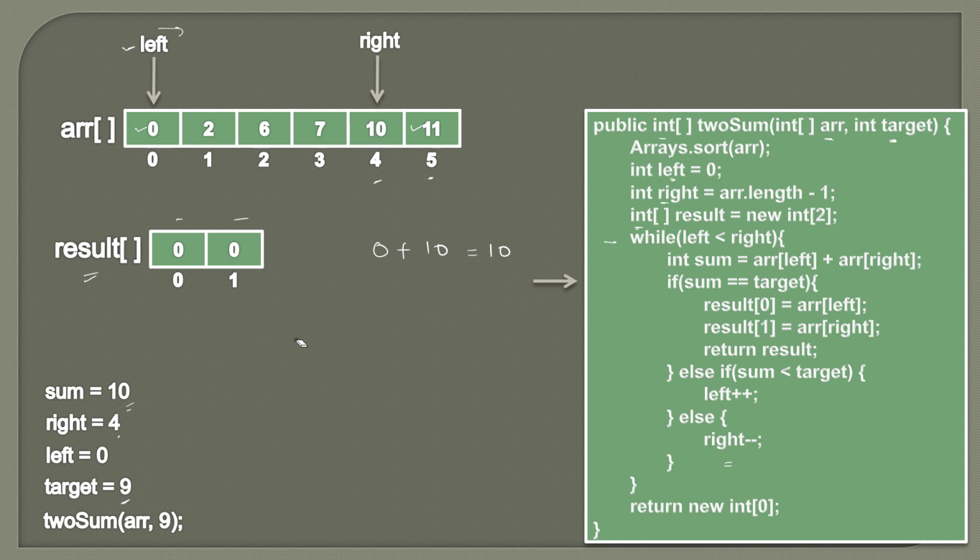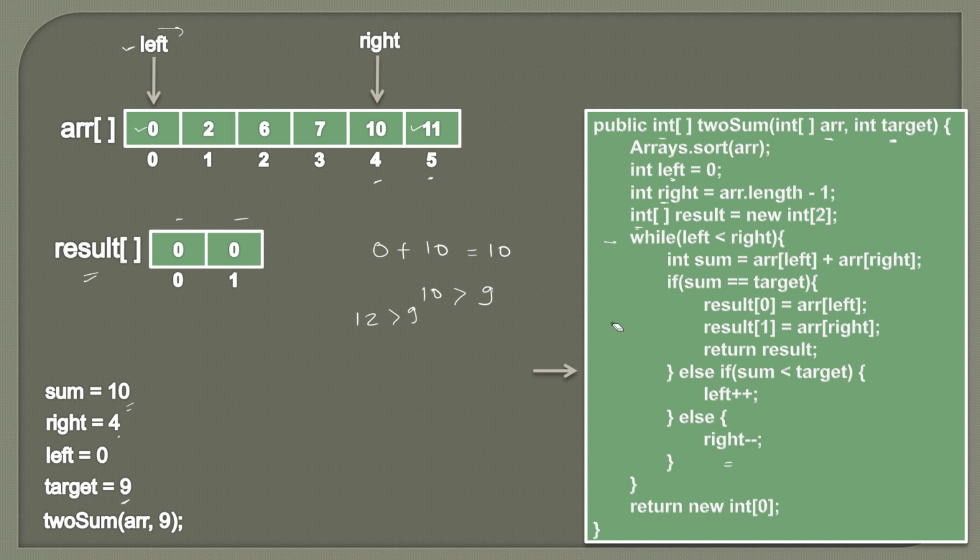So here we can see that sum is not equal to target. So the else part will be executed. We will again check whether sum is less than target or not. So here you can see 10 is greater than 9. Therefore this if condition will come out to be false, because we can't move left to right, because if we move left to right, then we'll get a value which will be more than 9, like 10 plus 2, which will give us 12, which will make us more far from the target.